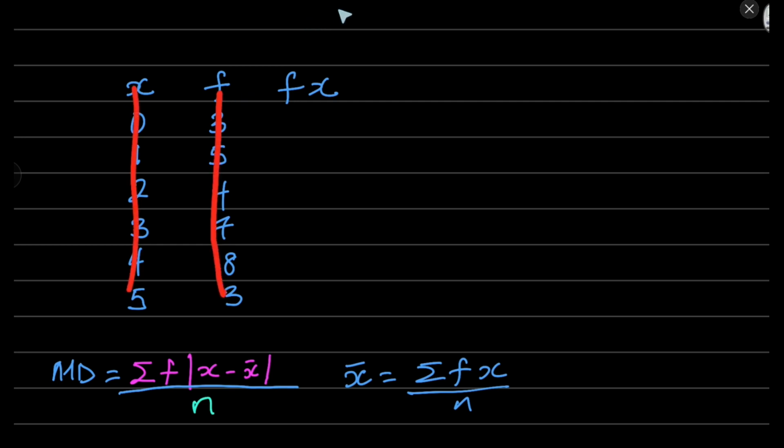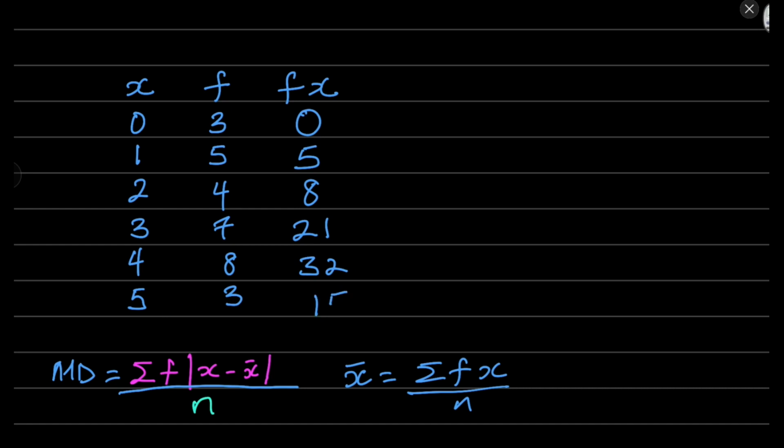So for the first one, f times x would be 3 times 0, which is 0. 1 times 5, or 5 times 1, is the same thing, 5. 4 times 2, 8. 3 times 7, 21. 4 times 8, 32, and then finally 3 times 5, 15.